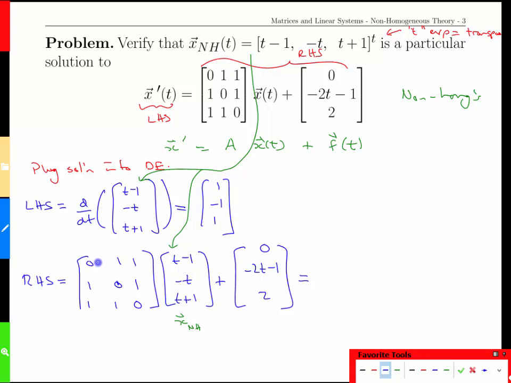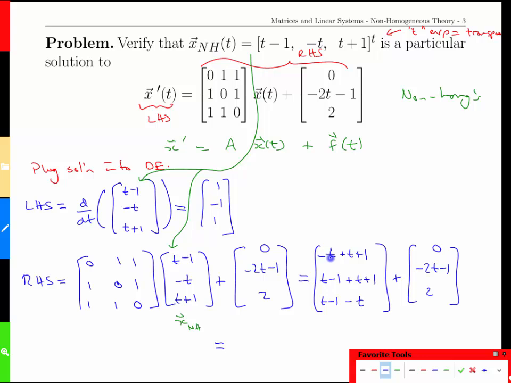Where does that take us next? Well, we're going to expand this out and simplify and see what we get. We get 0, we get minus t, and we get plus t plus 1. We also get, on the next row, t minus 1 plus t plus 1. We also get t minus 1 minus t plus 0. That plus our 0, minus 2t minus 1, and 2.